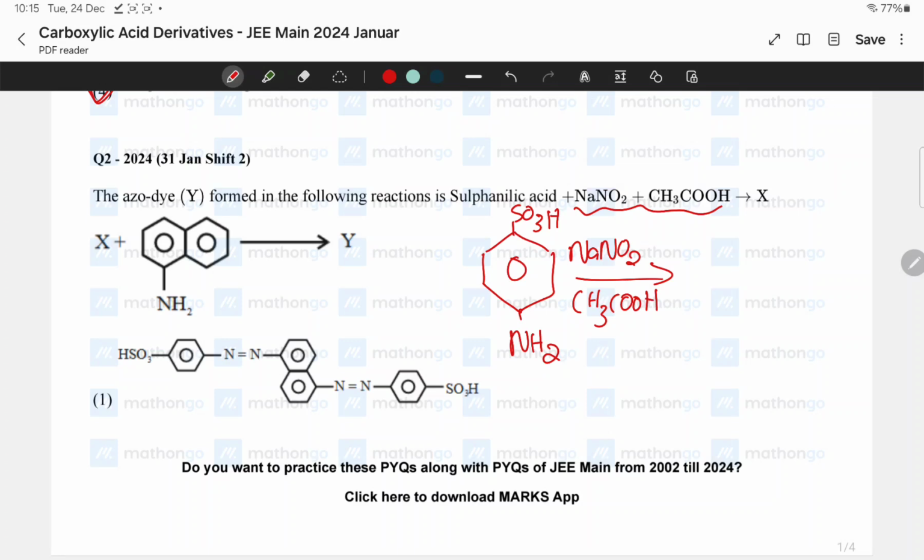You know that this is somewhat related to the dye formation reaction. Dye, that is red dye, blue dye, yellow dye. And here, with NaNO2 and CH3COOH, there is something related to the diazonium salt.